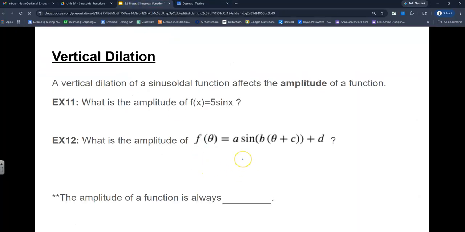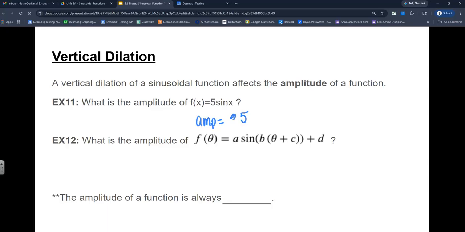And this is going to be pretty straightforward. That amplitude is just going to be the value of that number that's being multiplied here. So my amplitude for this one would be 5.